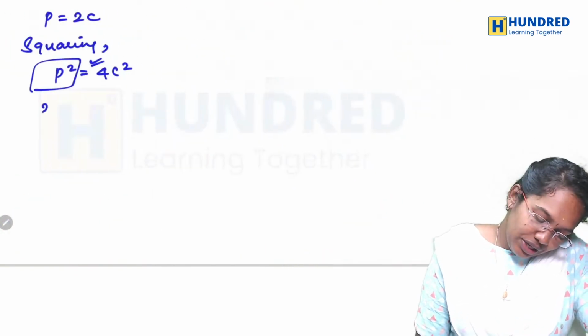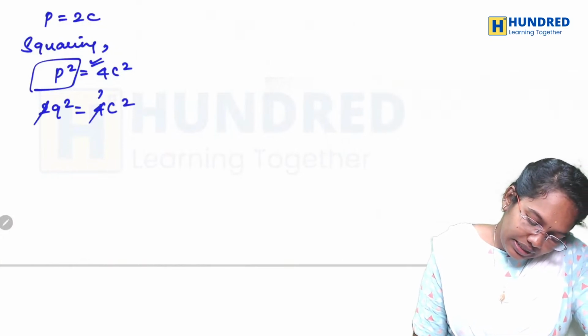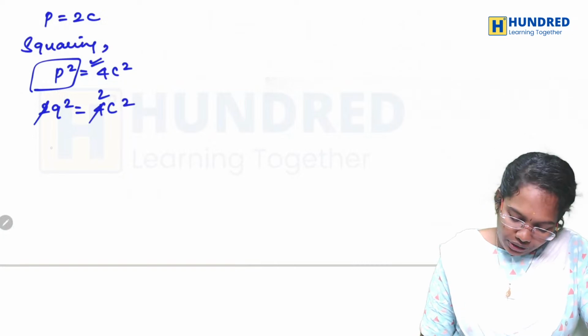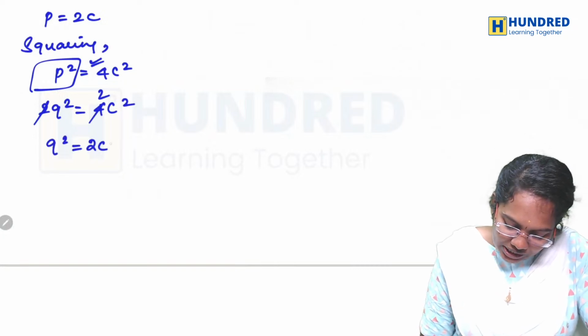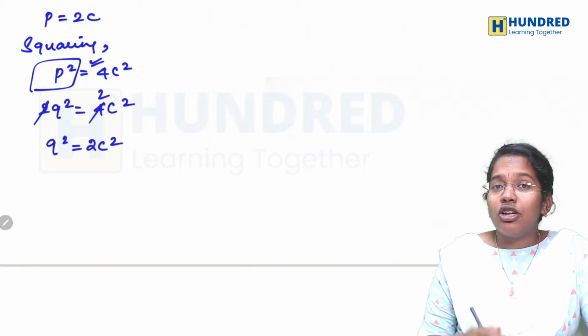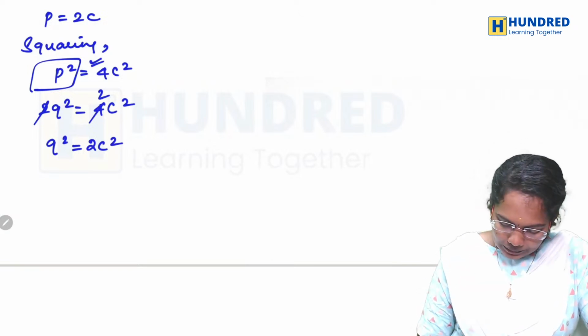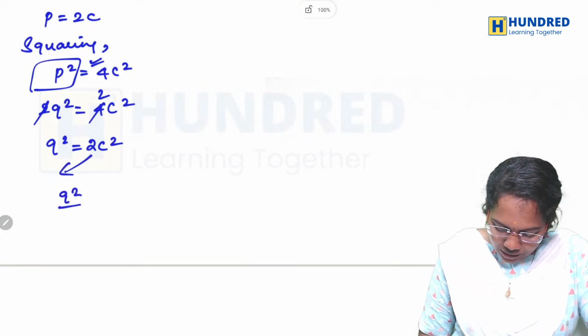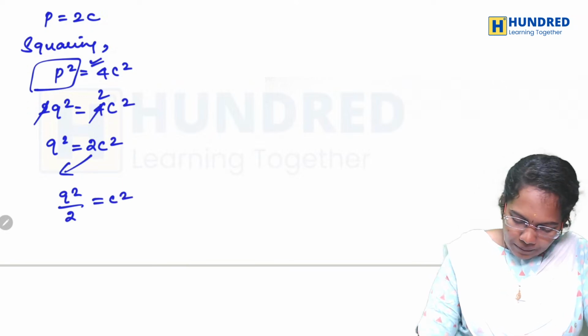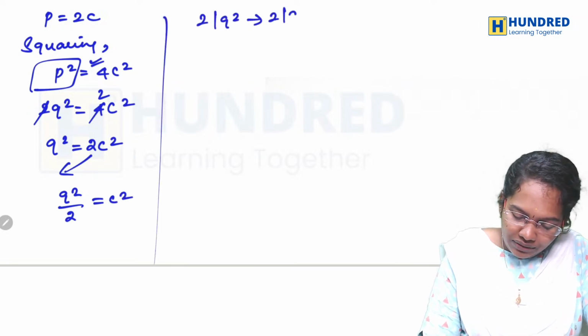So 2q square is equal to 4c square, and this cancels, so you will be getting q square is equal to 2c square. Similarly, here also you will get the same thing: q square is divided by a prime number. So here also 2 divides q square, then 2 will divide q.